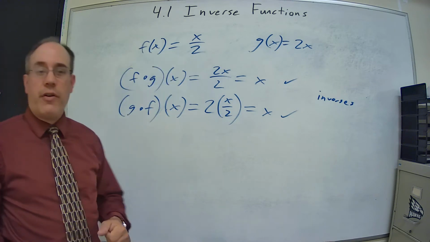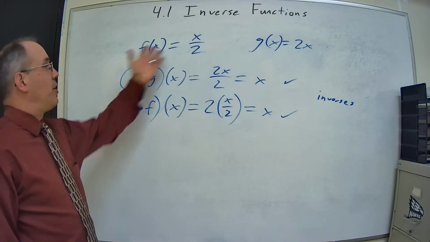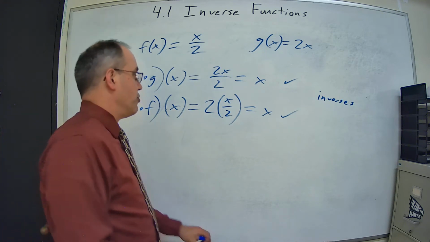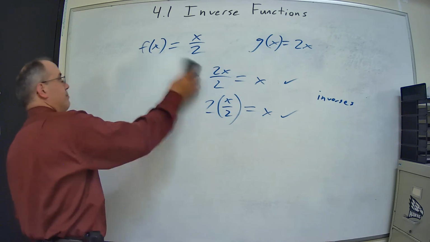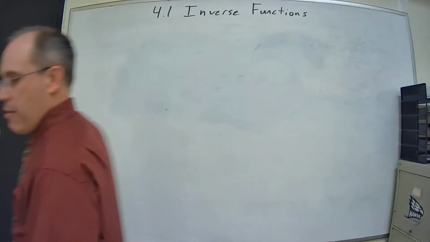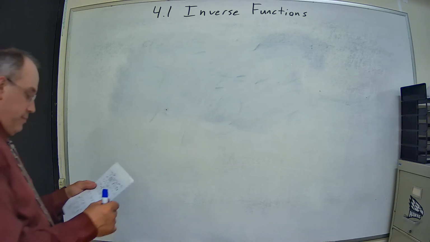And that's how we verify whether two functions are inverses or not. We can plug it in and see, so using composition. Let's see if I have one that's a little more complicated than that.